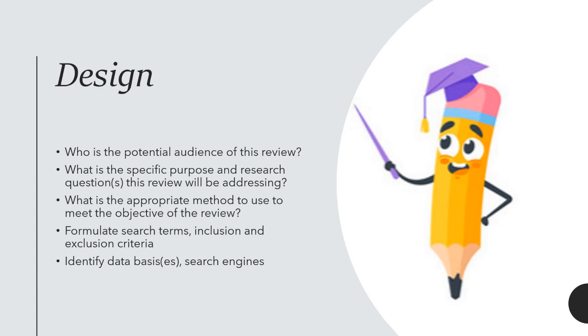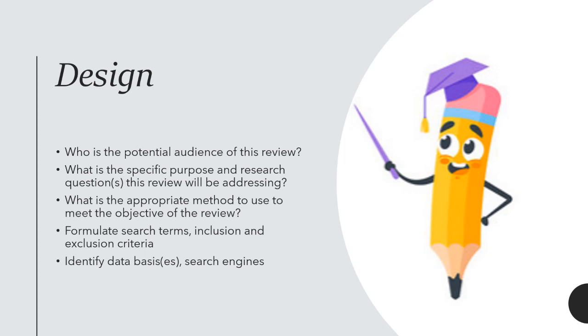We also talked about that you need to have a specific purpose and a research question that your review will be addressing. In this design phase, we asked the question, what's the appropriate method to use to meet this objective of the review? And we briefly spoke about different types of literature reviews, such as the traditional review, scoping reviews, rapid reviews, systematic reviews, meta-analysis.